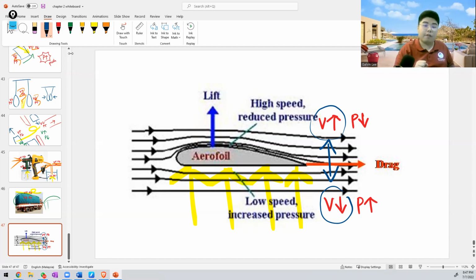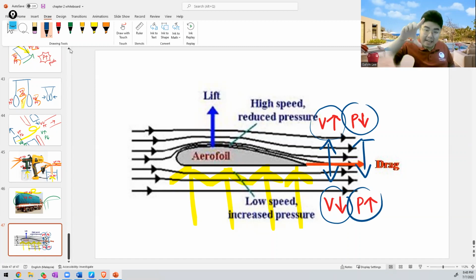That's why when it takes off, the aeroplane needs time to take off, because the aeroplane is gaining speed. When the aeroplane is gaining speed, this thing is happening. When the difference in the velocity gets bigger and bigger, the difference in the pressure will also get bigger and bigger.